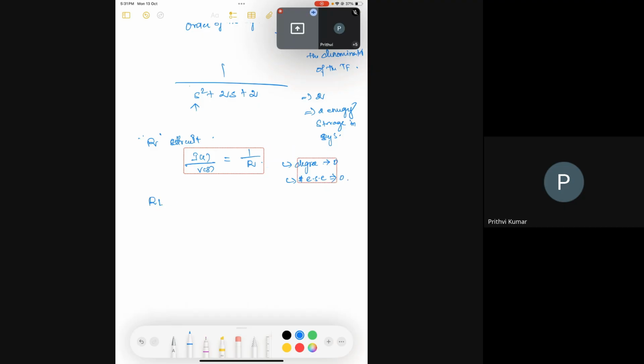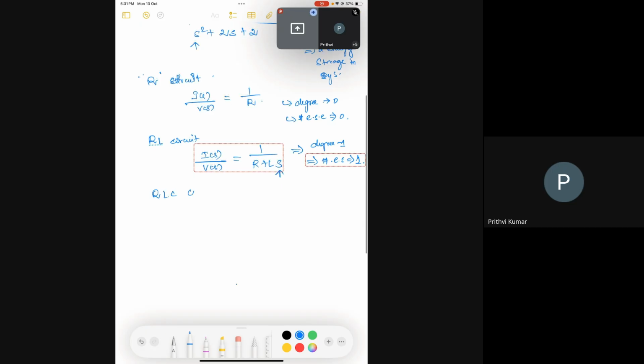For example, in the RL circuit, we got I of s divided by V of s is equal to 1 by R plus Ls. Yes, so s comes here. So the highest degree of the system is 1, so the number of energy storage elements will also be 1. Similarly, if I write the RLC circuit, what do you think would be the order and the number of energy storage elements?